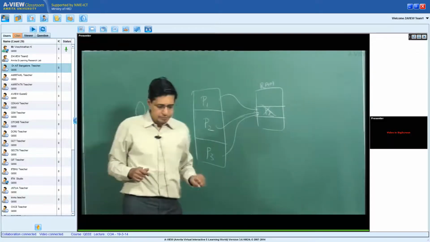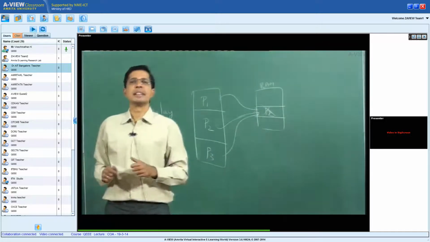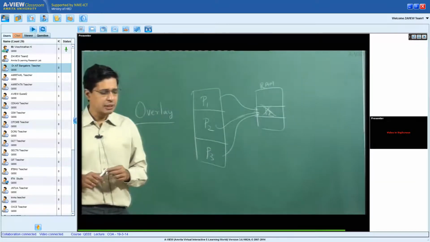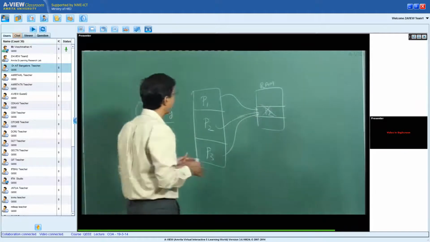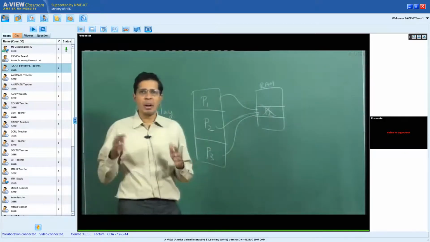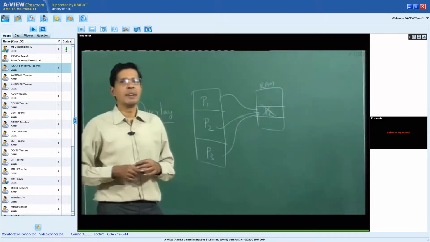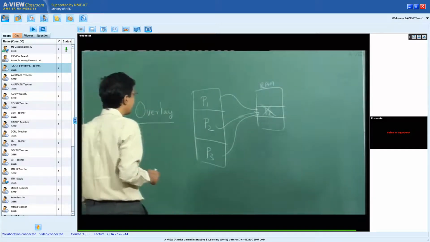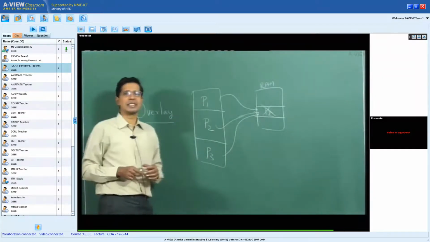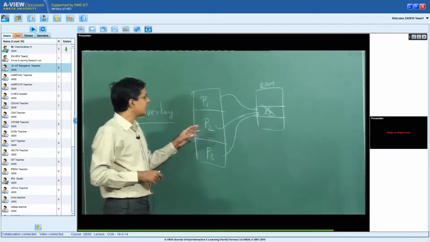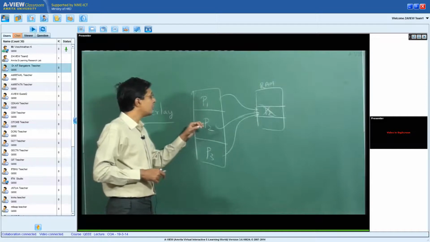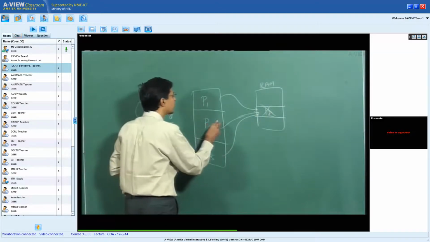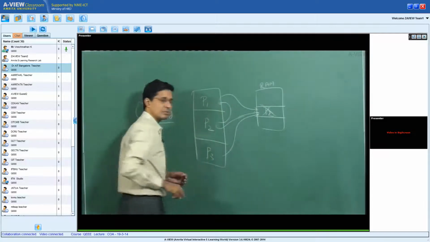Please understand that there are very big limitations in writing such a program. A compiler has to have a lot of restrictions when it wants to compile a program, and one of the major restrictions in this case is that no instruction of P2 should be dependent on P1, or say in the middle of P2 I can't go back to P1.